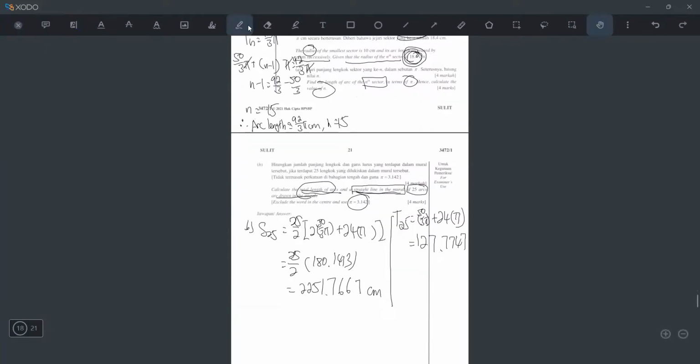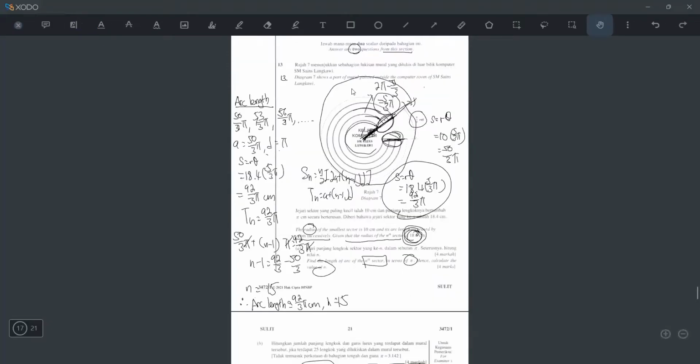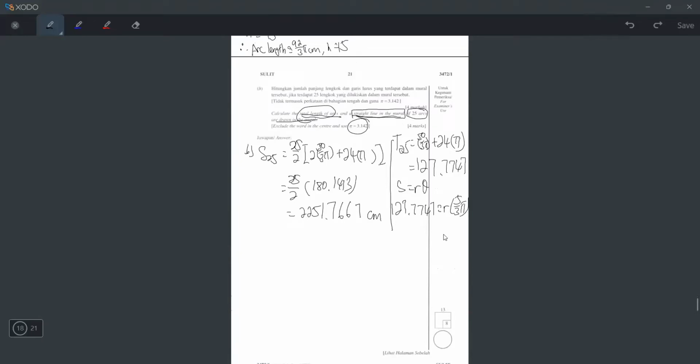Okay, but this is the arc length for the 25th sector, and you need the radius. So you use the S equals R theta formula. The arc length is 127.7747, the radius is unknown, but theta is 5/3 pi. Then you can find R, the radius for the biggest sector, the 25th one. So you just press answer, divide by a bracket 5 times 3.142 divide 3.